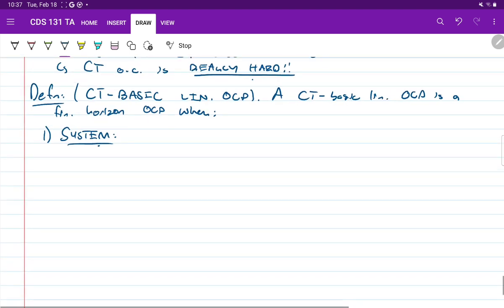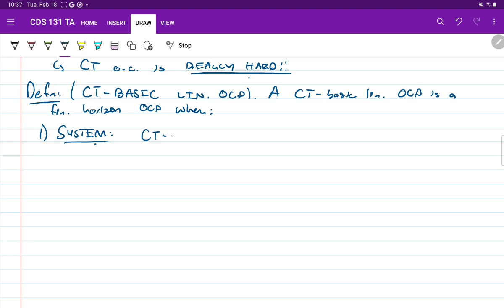So our system will be a continuous time LTI system representation A, B, C, D, where sigma will be equal to Rn, right?